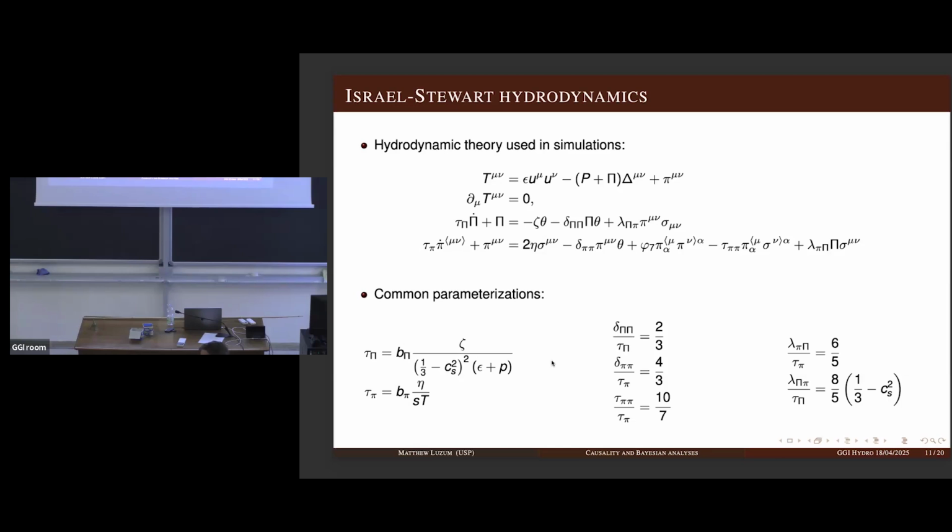I think people are writing it into codes, and I don't think it's automatically a better theory. You could almost think of it as a good thing: when this thing is entering an acausal regime, perhaps that's telling you that you're entering a place where hydrodynamics shouldn't be applied. So there are different ways of looking at it.